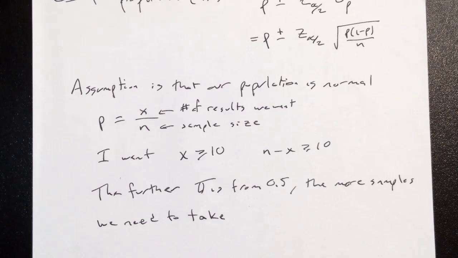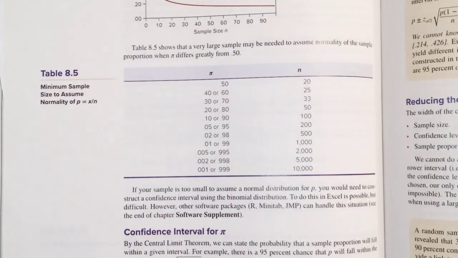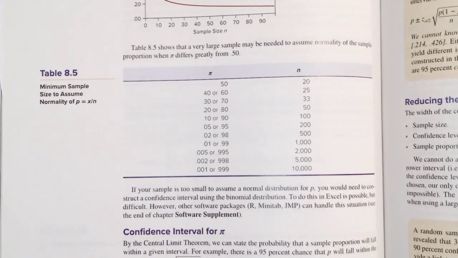Now, we are not often in a case where we are looking at extra rare events like this all the time. And on page 294, there's a table. Notice that when we are 50-50, well, then I only need 20 samples.